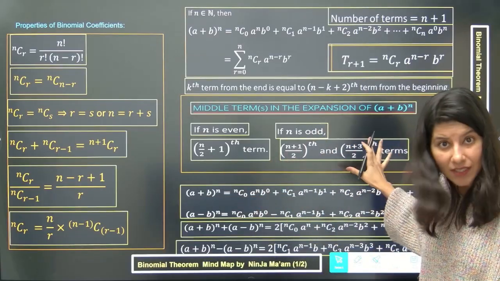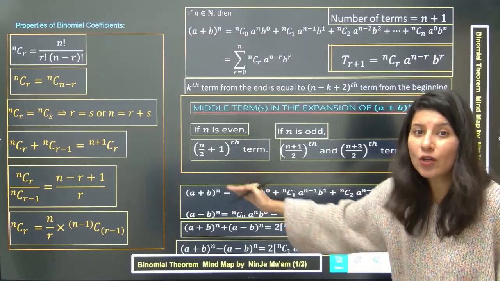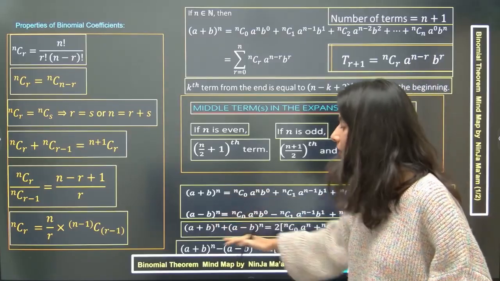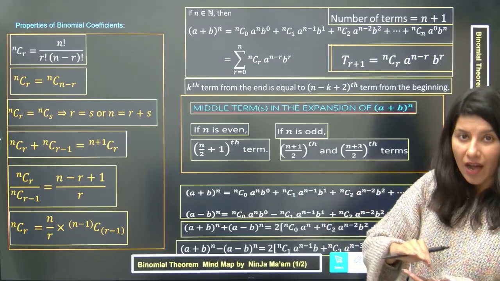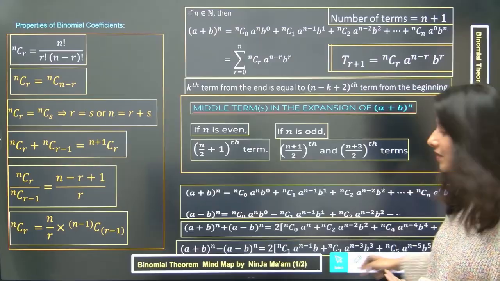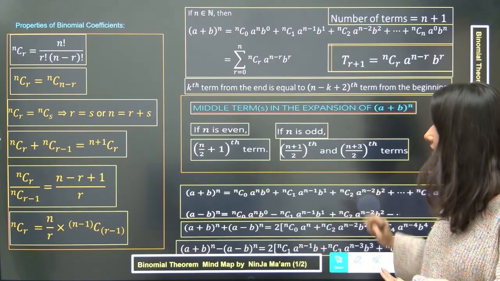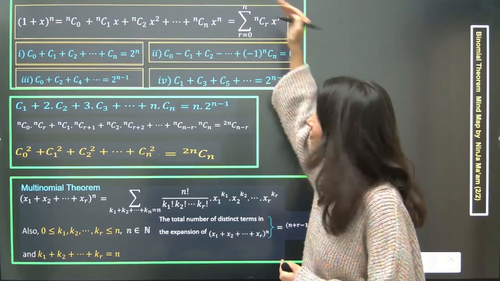Then your middle term is right here, and apart from that, if you add two binomial expansions and if you subtract two binomial expansions, what are you going to get? You are going to get twice of even index terms, here twice of odd index terms, okay? And next, special binomial theorem, very important.